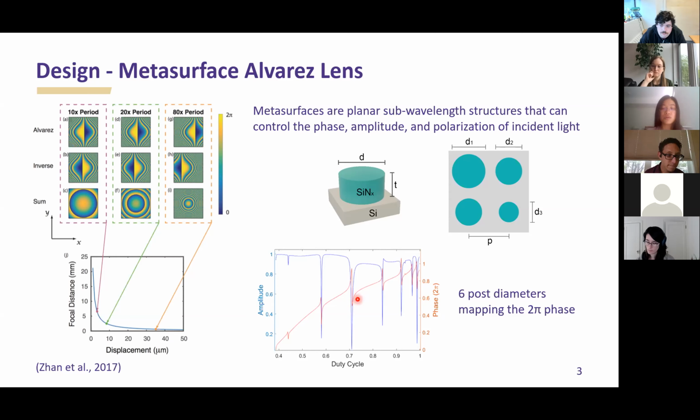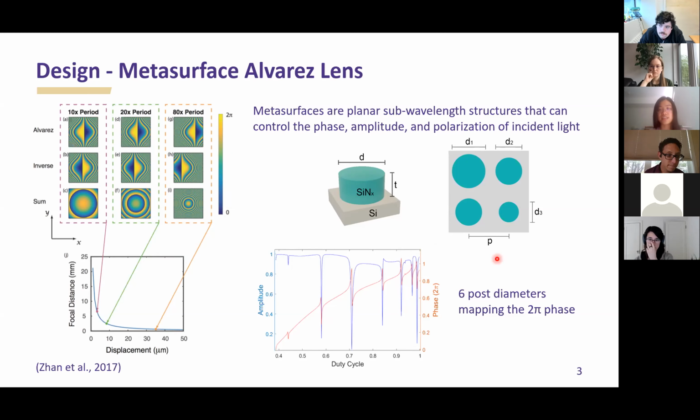And in our design, we chose the operating wavelength to be 1550 nanometers in the IR range. And we chose the cylindrical silicon nitride nanopost on top of a silicon substrate as the fundamental scattering element. The metasurface itself is a 2D array of scattering elements. This is a very small image of it.